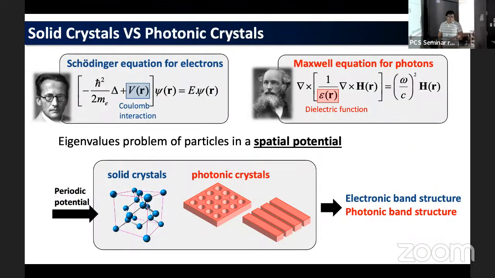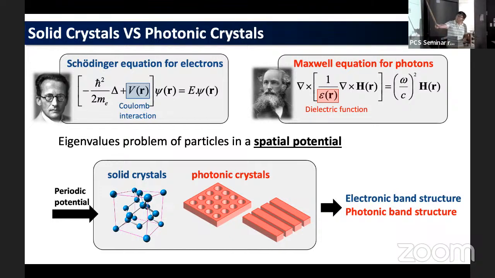So what is the difference between solid crystals in physics and photonic crystals? For solid crystals, we solve the Schrodinger equation for electrons, and in particular, the Coulomb potential is a periodic function of space. For light, we solve very similar but different equations, the Maxwell equations. Instead of the potential V(r), we have the dielectric function, which is also a periodic function for light.